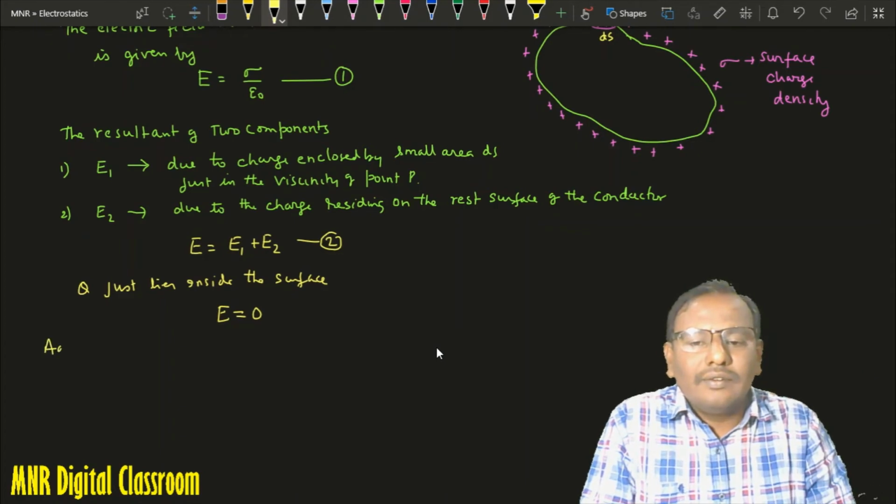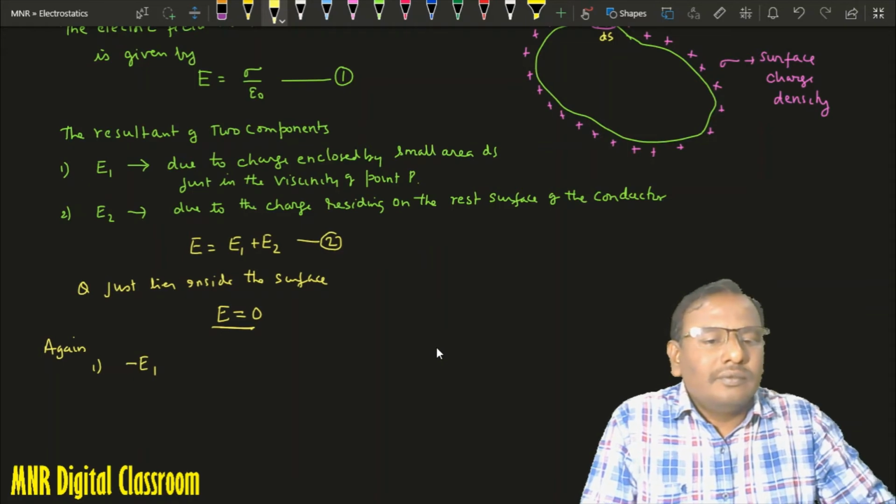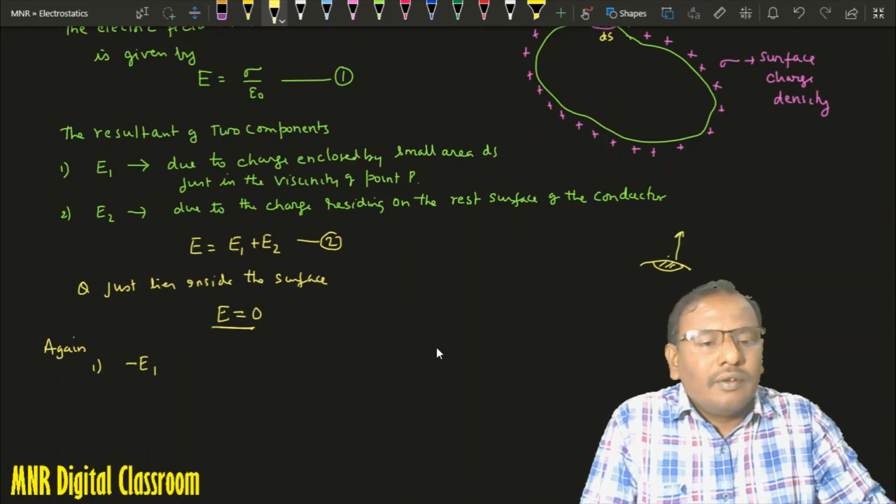Again, this resultant electric field E can be treated as the resultant of two components. Let us draw the diagram. For a point just outside, we have two components, E1 and E2.